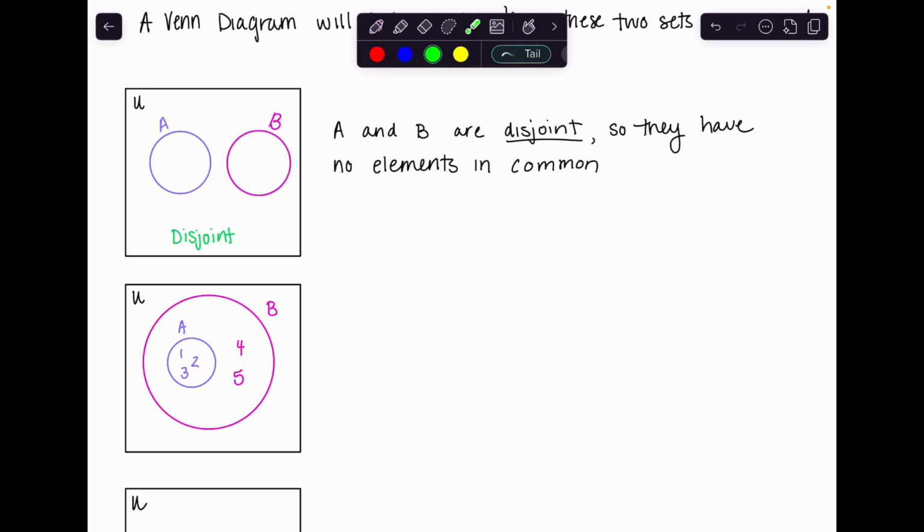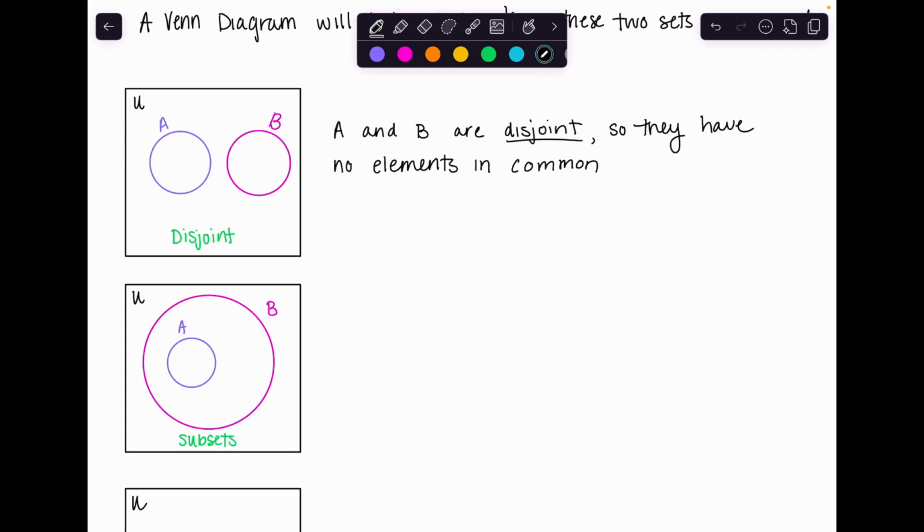So this would mean the numbers 1, 2, and 3 are also in set B, but I've got these extra pieces 4 and 5 that belong to B as well. So if this is the case, then what happens is A fits completely inside of B. So these are actually a good representation for subsets.